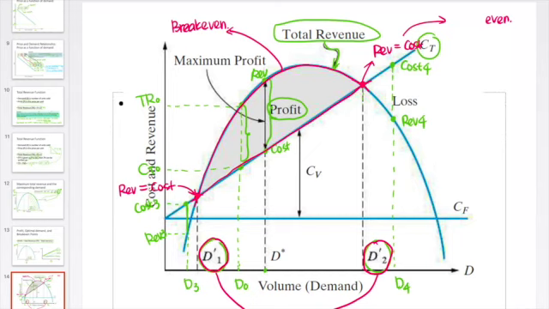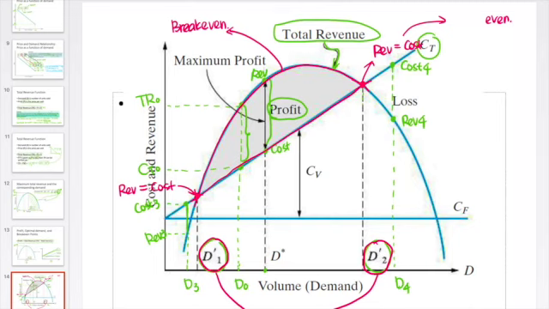Okay? So when we say break-even demands, it's a range. It's a range between D1 prime and D2 prime. It's the range of this gray area. It's the range of demand where you can make profit, where your profit is bigger than 0.